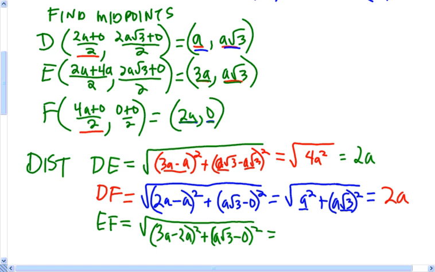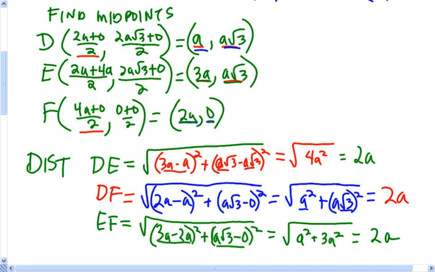And 3a minus 2a is just a squared, just like in the last one. And then that is the same as the last one too, and we saw what happened there. We ended up with 3a squared, and then when we add those together we get 4a squared, and the square root of 4a squared is just 2a again.